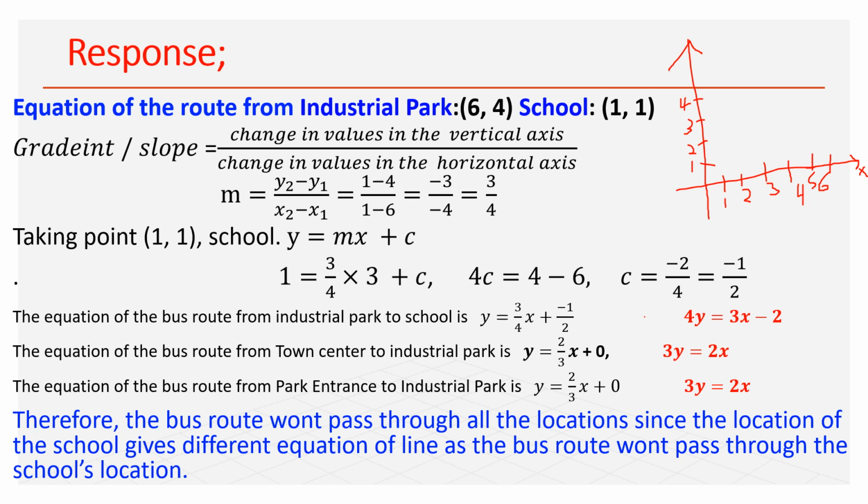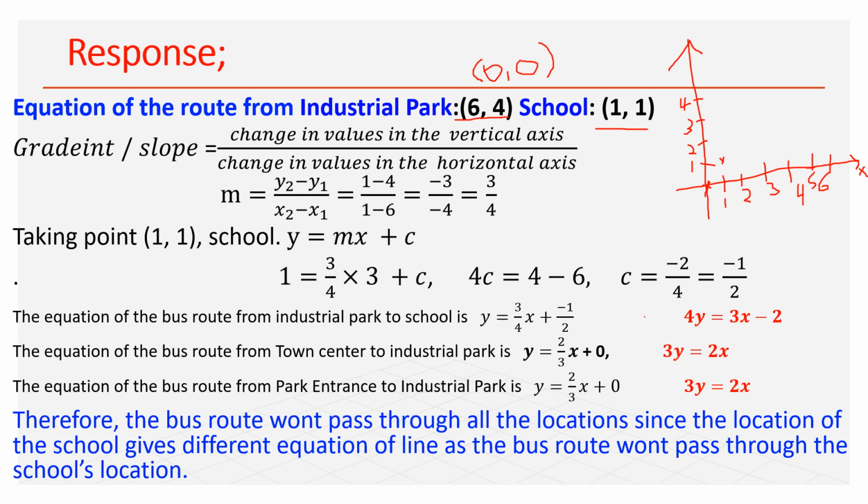So let's plot now. We have the school as 1, 1. The industrial park, 6, 4. The town center is 0, 0. Let's first plot this as we confirm the other. So we shall have the town origin at this point. Then the school will be at 1, 1, somewhere there.